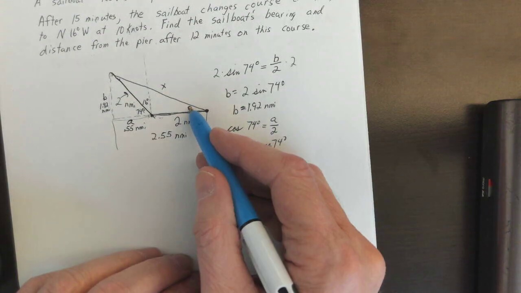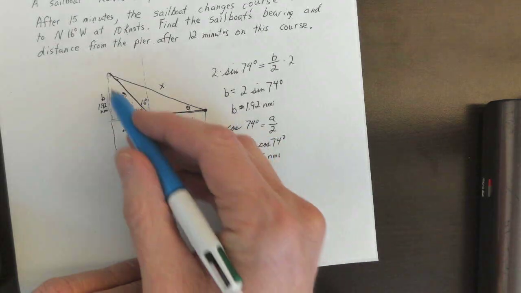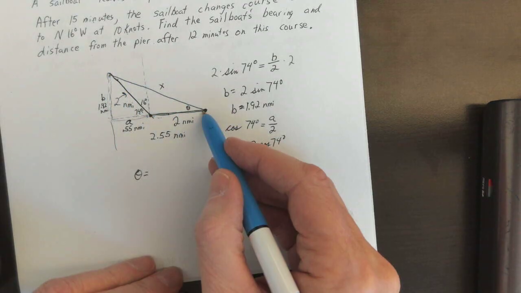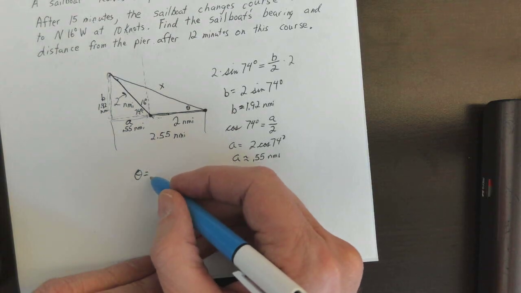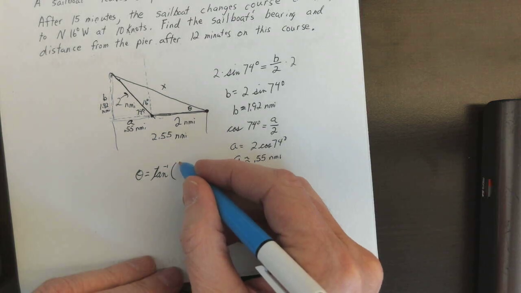So, to find theta, I'm going to take the opposite over the adjacent, okay, and I'm going to take the inverse tangent of that.